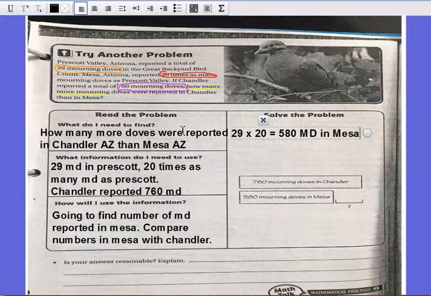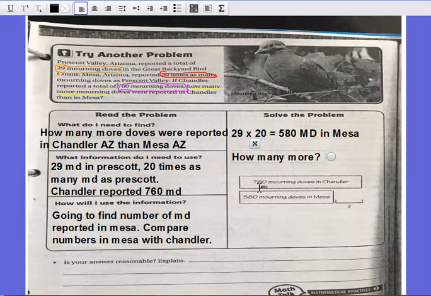Then the next step is you already know that there are 760 mourning doves in Chandler. So that's why they have this. There's 760 mourning doves in Chandler, and we just found out 580 mourning doves in Mesa. Well, they want to find how many more. Okay, so how many more from this number to this number? We're at 580 and we're trying to get to 760.